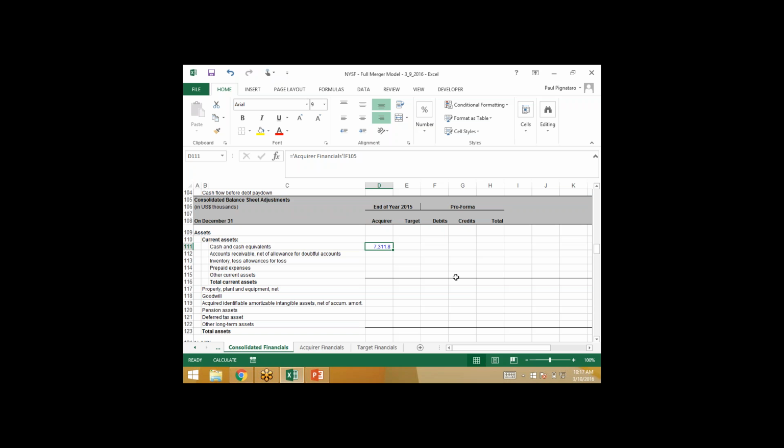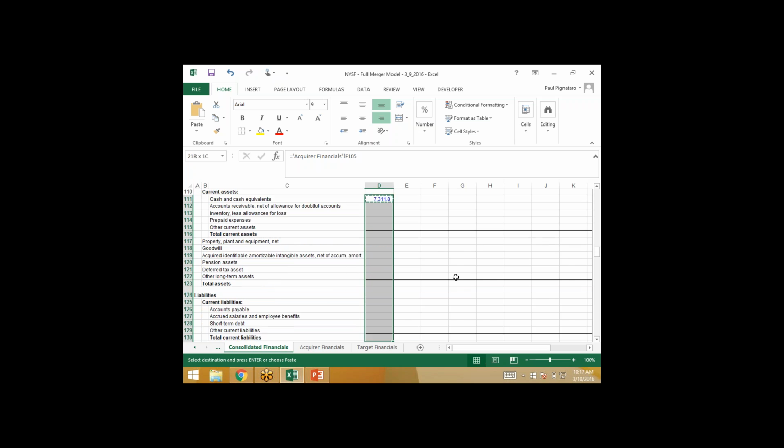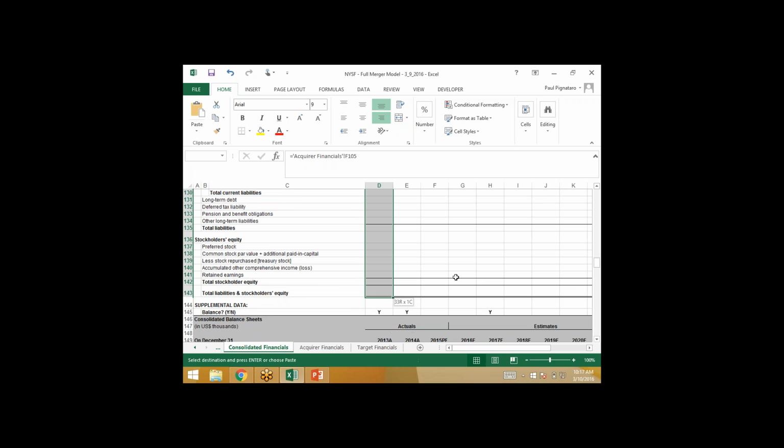And I'm going to copy this down right quick. You could just do Control D. Or if you don't want to mess with the formats, Control C. Hold down Shift, and while holding down Shift, tap the down arrow to get all the way down to, let's say, retained earnings. You can go down to shareholders' equity, but we're going to be redoing the totals anyway. Actually, we're not going to be redoing the totals here. We'll be redoing the totals in the total column. And I want to paste formulas.